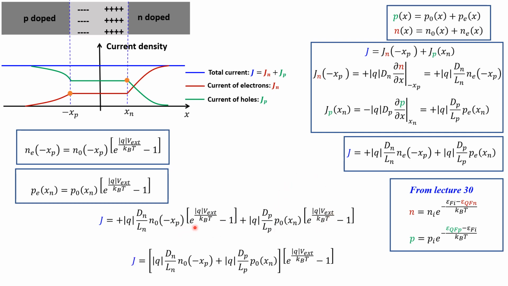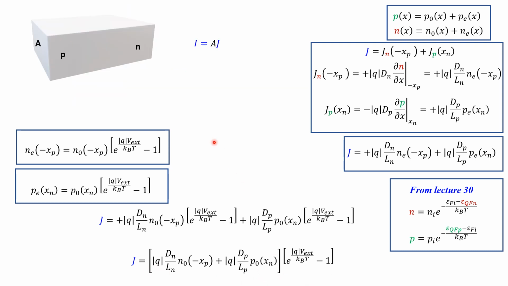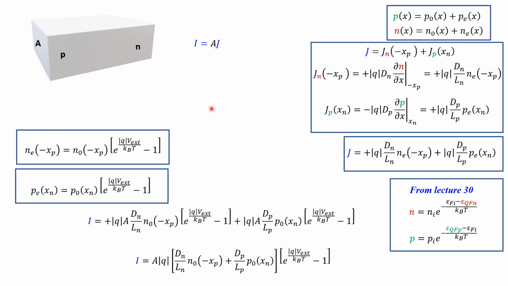We can group the terms multiplying these brackets to rearrange the expression in this more organized form. Also recall that we are ultimately interested in the total current, and the total current is the current density times the cross-sectional area. So to get the total current, all we need to do is multiply by the cross-sectional area, like we've done here.